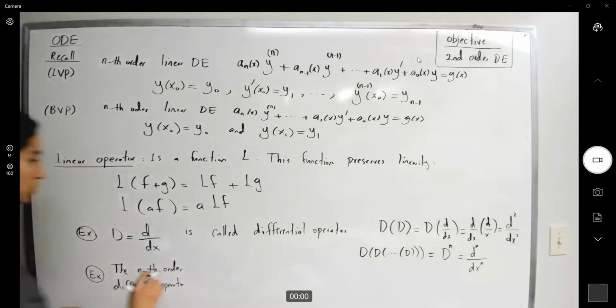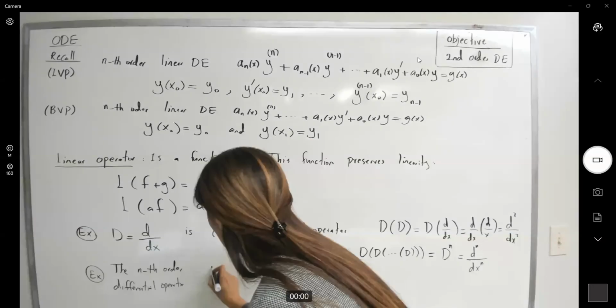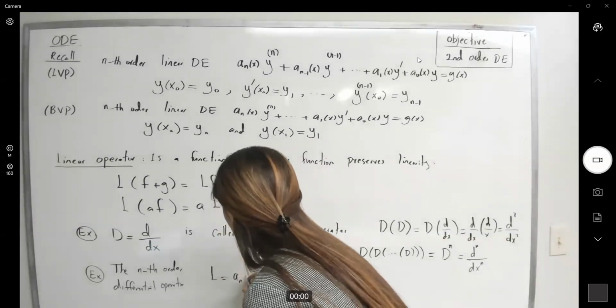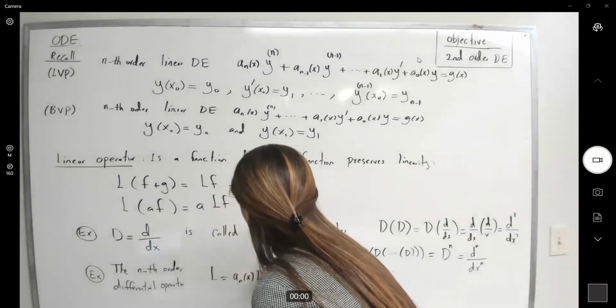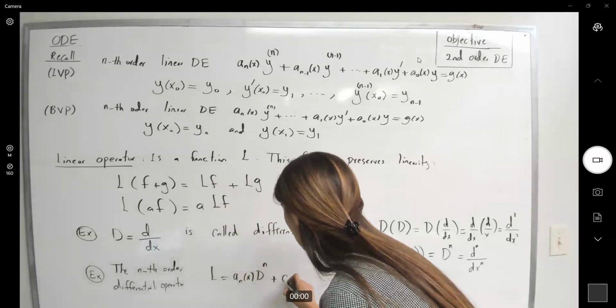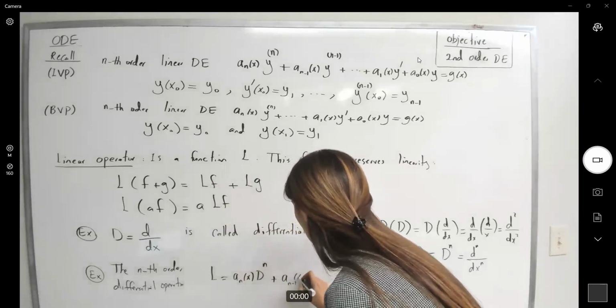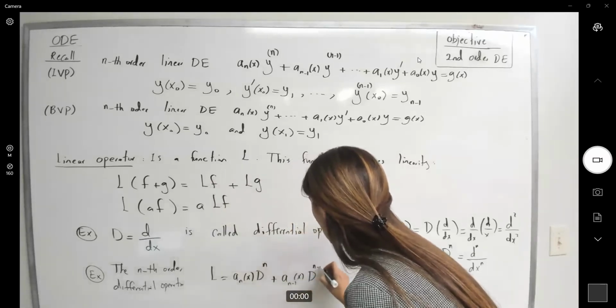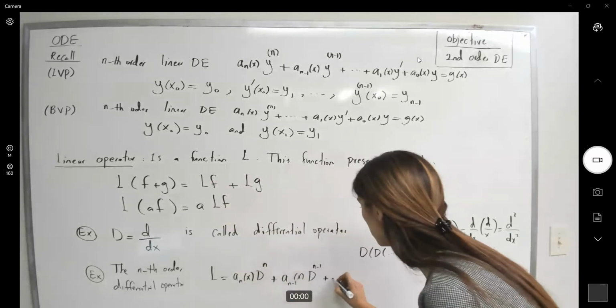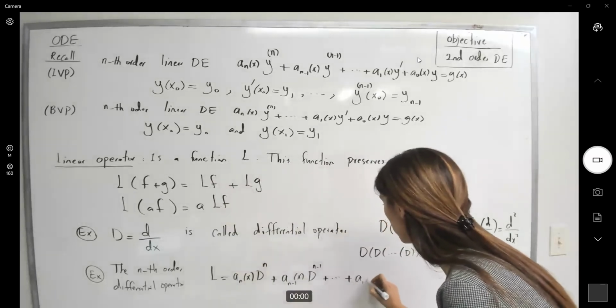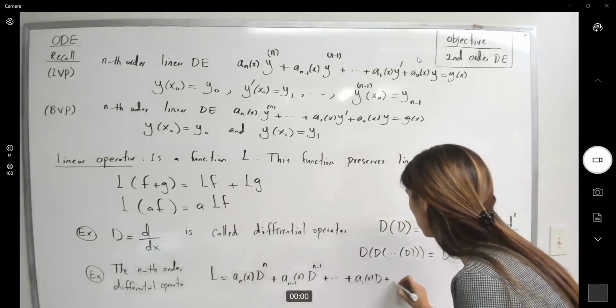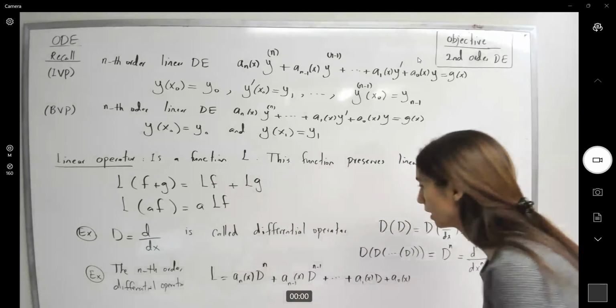L is equal to a_n(x) D^n, plus a_{n-1}(x) D^{n-1}, these are just our coefficients, plus the middle terms, a_1(x) D plus a_0(x).